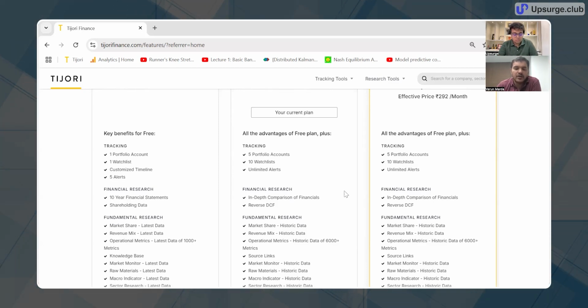In research, I showed you the company page, sector page, reverse DCF. And timeline is for tracking, and for timeline, I showed you how to get granular, how to filter, how to track, how to go to watch list and stuff. We keep adding more features, but people should remember that we are focused on discovery, research, and tracking of unstructured information of companies, and that's how our features and our data is organized.